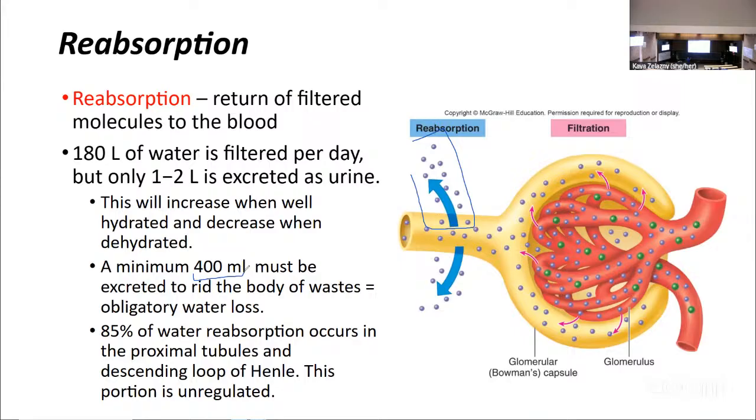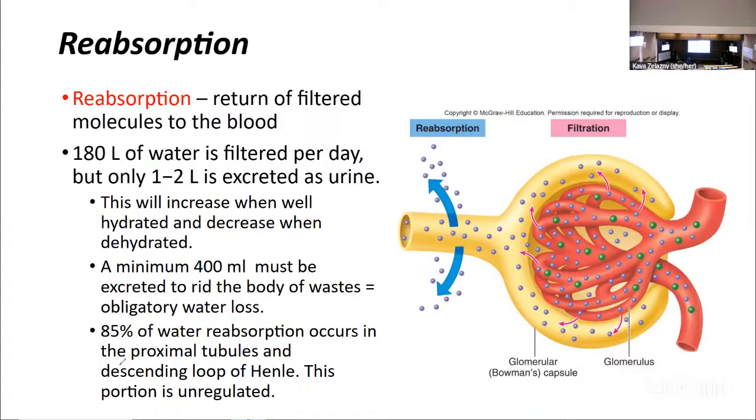This amount is going to come out no matter what, regardless of how hydrated or dehydrated you are. Otherwise, we start to see weird stuff happening with all these waste products not exiting the body. So we're reabsorbing lots and lots of water. Most of it is getting reabsorbed in the proximal tubules.